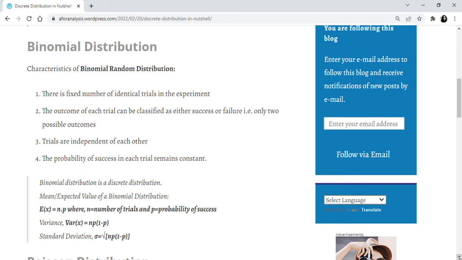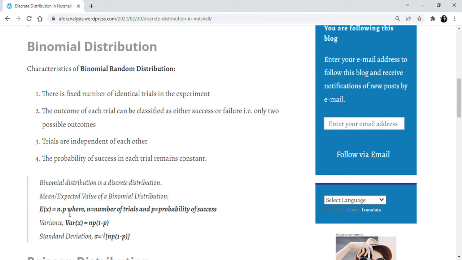Number three, trials are independent of each other. And number four, the probability of success in each trial remains constant. So if any random distribution possesses all of these characteristics, we would call it a binomial random distribution.